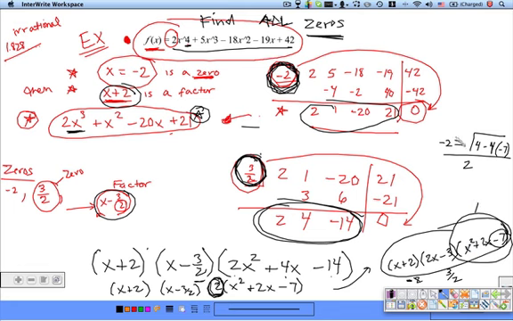All I have to do now is simplify what you see up here. I'm going to go up instead of down. So negative 2 plus or minus square root of, what does that become? 4 plus 28, so 32, all over 2.